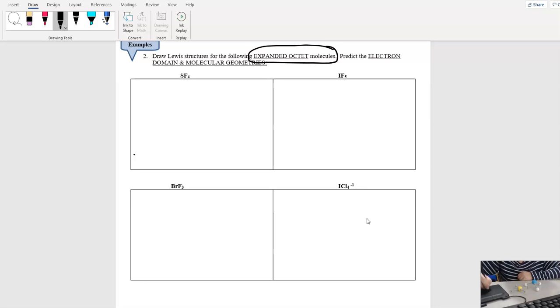So you're going to make a list, electron domain name, and then molecular geometry name, and that's fine. If you want to abbreviate like that, tell me the two names. Okay, so we just drew sulfur tetrafluoride right above. So these four, which means don't do NAS, go old school with the dots. I want to see the names and the pictures for all of them.